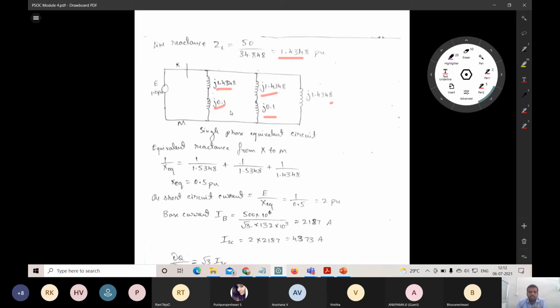So we know these are connected in parallel. So for parallel connection, the formula in the equivalent circuit is 1 by R equivalent is equal to 1 by R1 plus 1 by R2 plus 1 by R3.